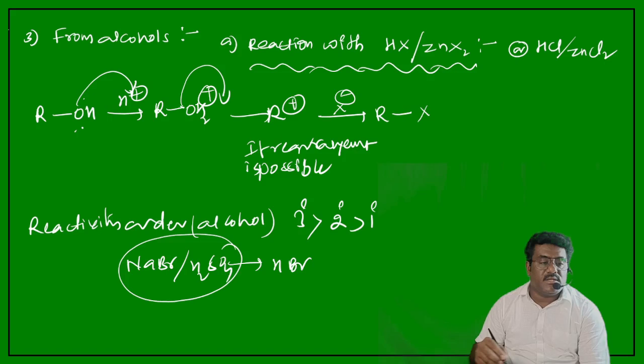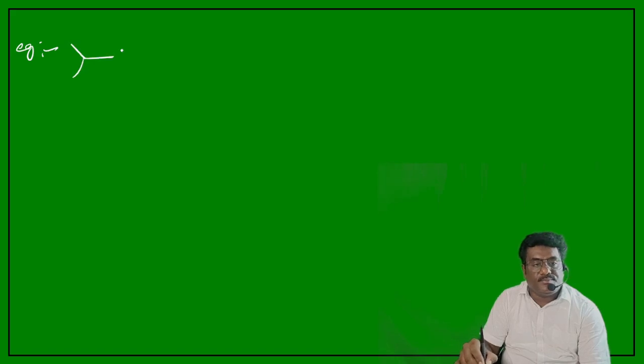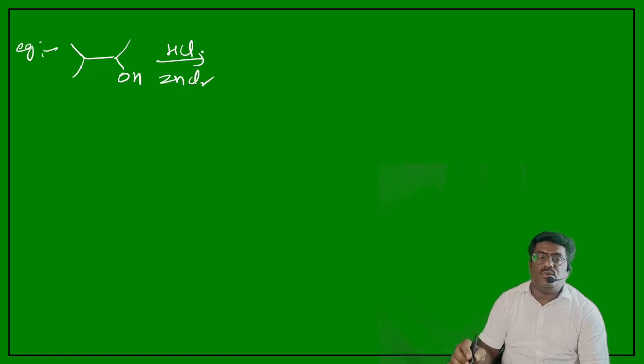Let's take an example. It is alcohol in presence of HCl, ZnCl2. H plus Cl minus.